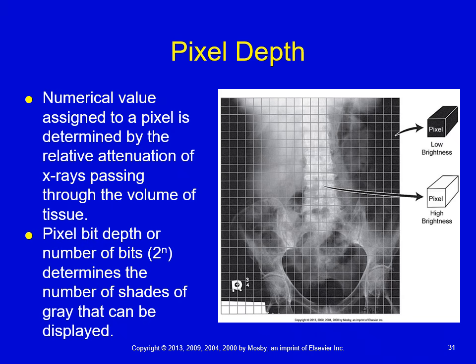Some pixels might be very dark in terms of the image, some might be very light, and some might fall into the different shades of gray that we see in the image. Pixel depth, and also bit depth, basically tells us how many different shades of gray that system is going to be able to create on that image.